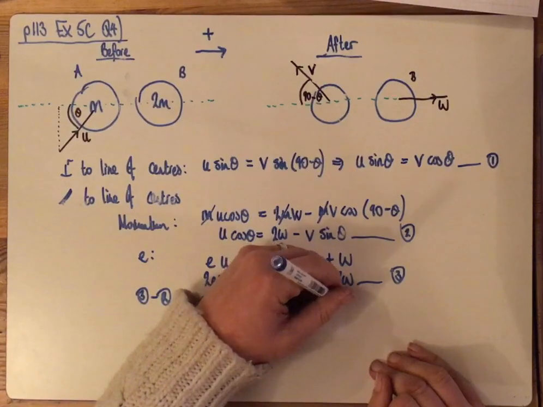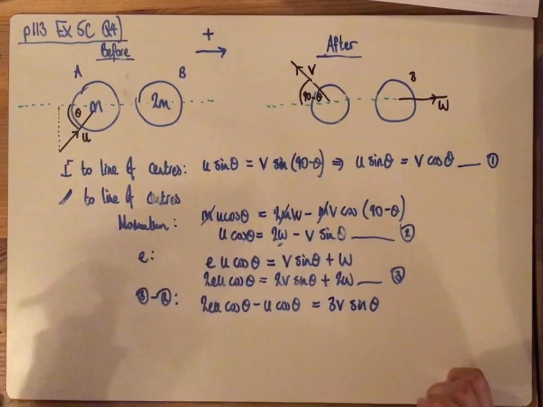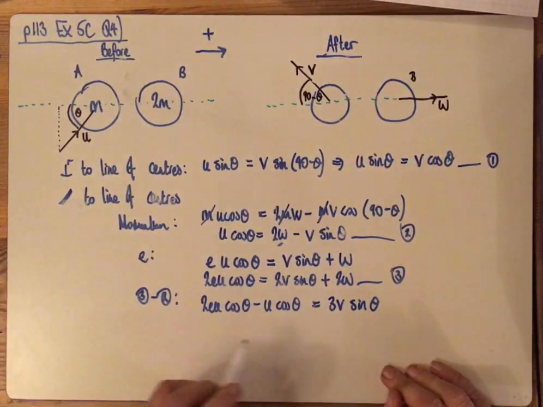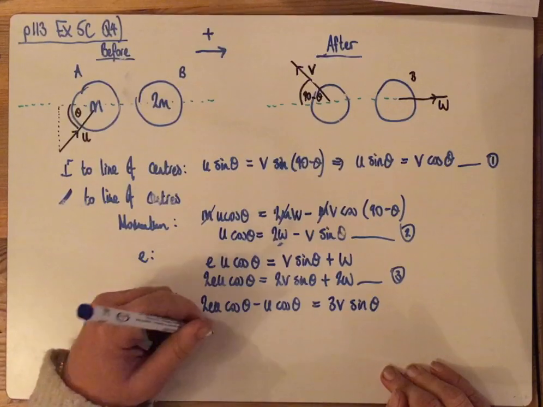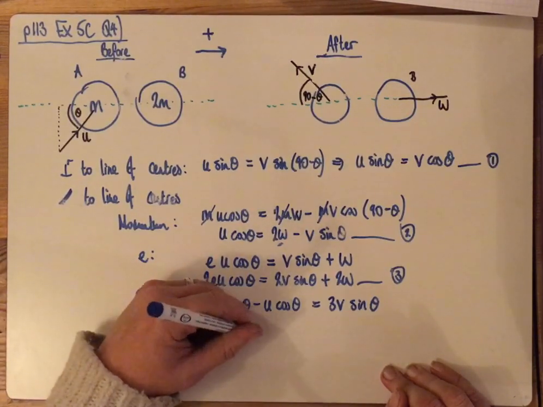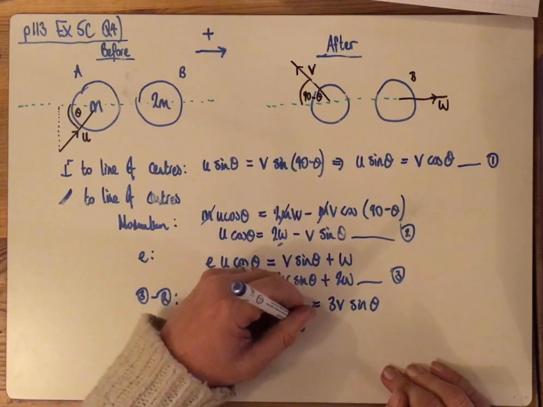So that's 3v sine theta. Then we're trying to get an equation in terms of tans, so it makes sense to divide through by cos theta. So 2Eu minus u is equal to 3v tan theta.